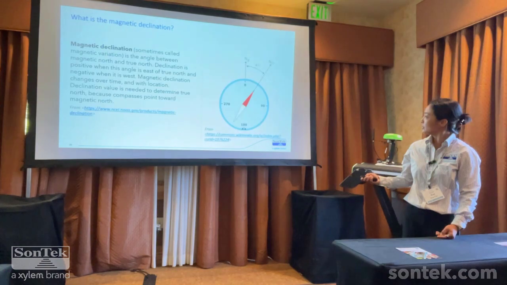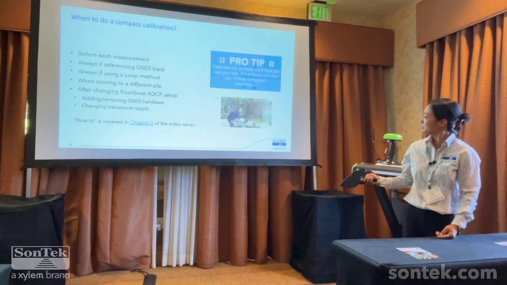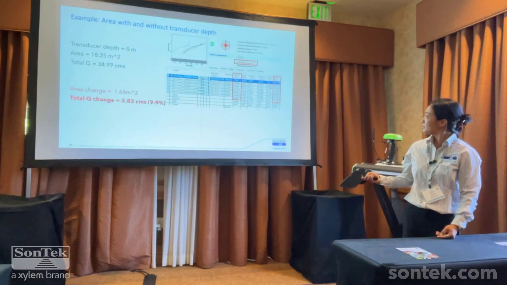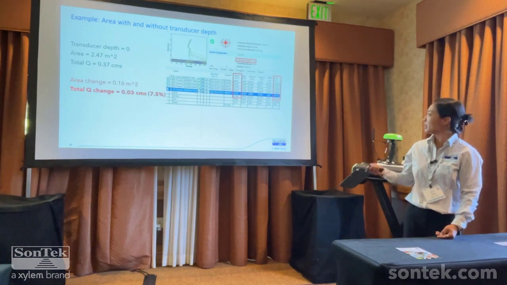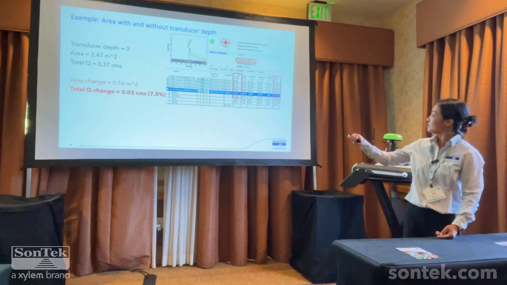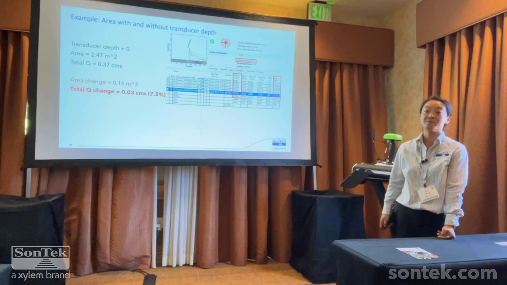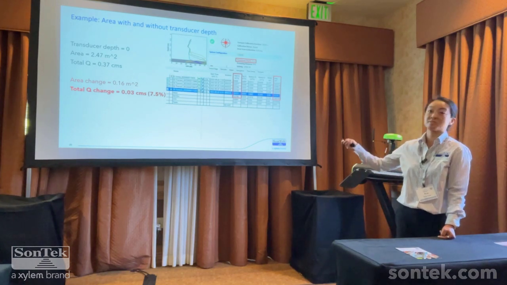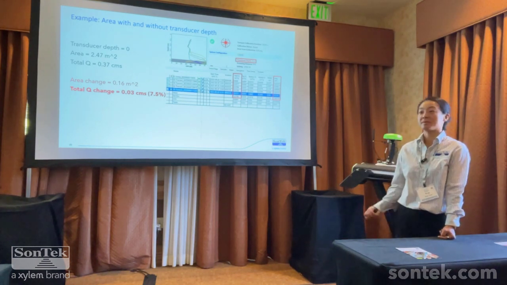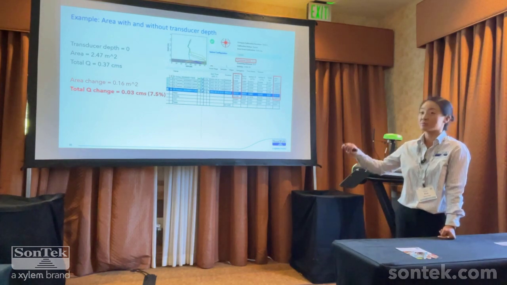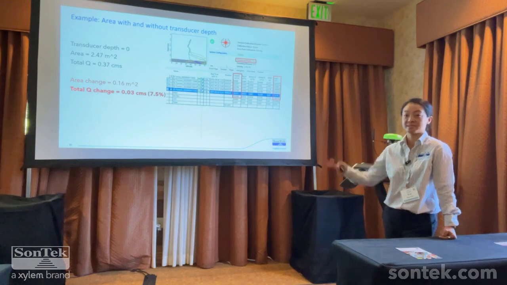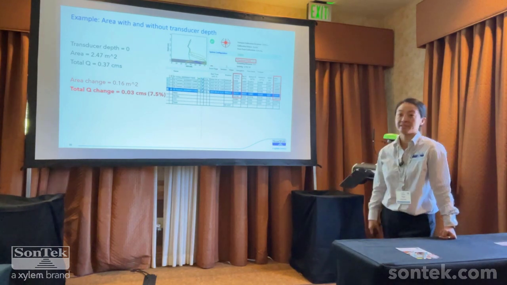I have a screenshot here, maybe. Oh, no, this one doesn't have corrected Q. If you do apply a moving bed test, next to this total Q there'll be an extra column that says total corrected Q, so you'll be able to compare no correction applied versus correction applied, and then you can toggle this between bottom track and your GPS to see the difference. Everything will be recalculated automatically once you toggle that.